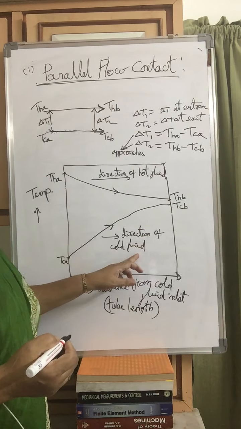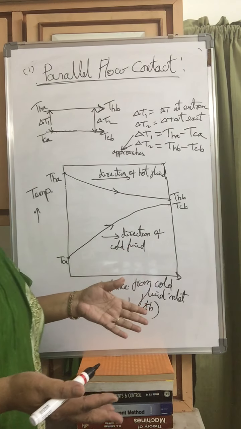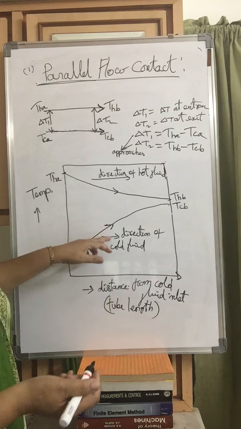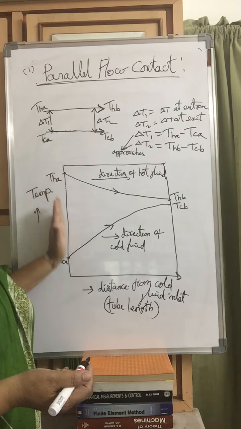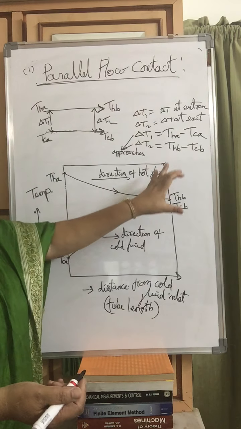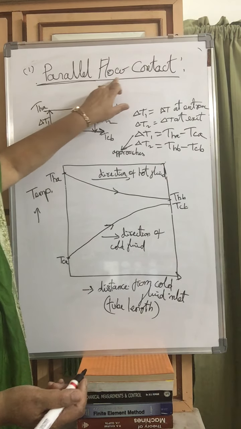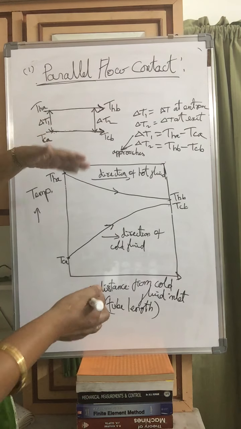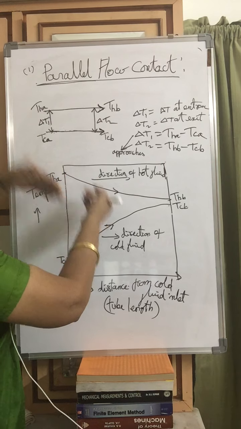The direction of cold fluid and the direction of hot fluid are both in the same direction. Both are entering at the same end and flowing in the same direction. This is what is called parallel flow contact. This is the first way of bringing these two fluids into contact.